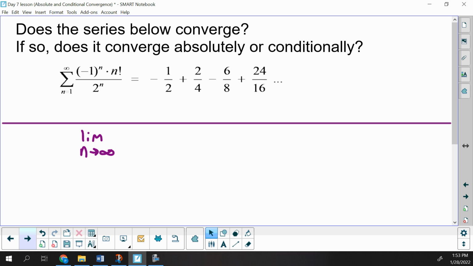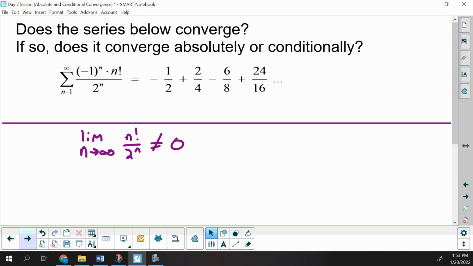So you can look at either of our alternating series conditions there, but the limit of n factorial over 2 to the n as n goes to infinity is not going to be 0. The bottom is just multiplying by a bunch of 2's. Well, pretty quickly in the numerator, you're multiplying by things bigger than 2. So that's going to make the numerator blow up a lot quicker.